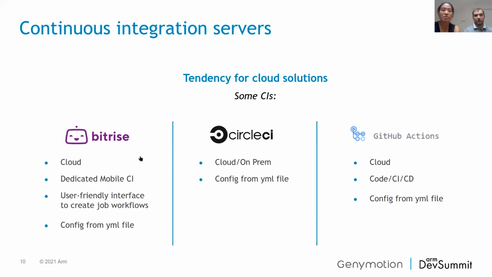And there are several continuous integration servers out there. Some of those CIs are Bitrise, which is a cloud-based CI server dedicated to mobile. There is a user-friendly interface to create job workflows, which is quite intuitive, ideal for people that are not very familiar with creating jobs with configuration files.